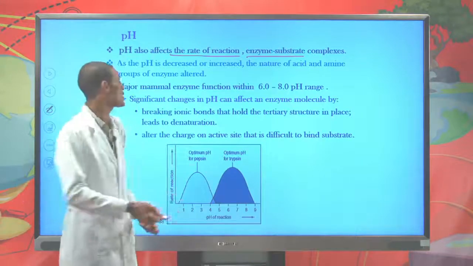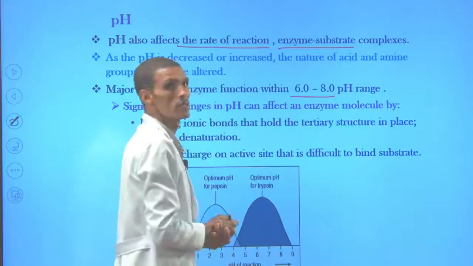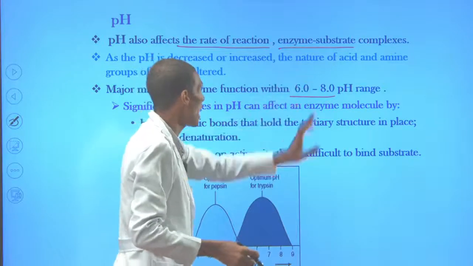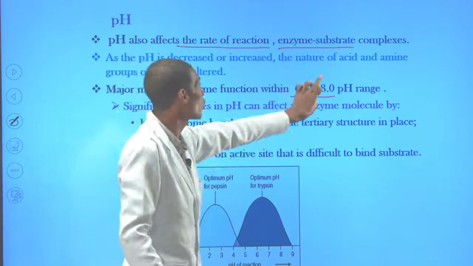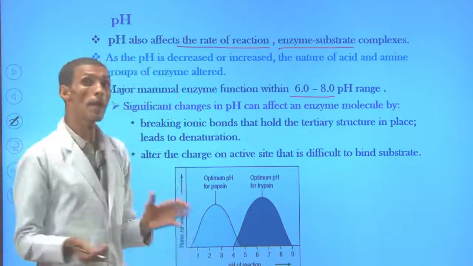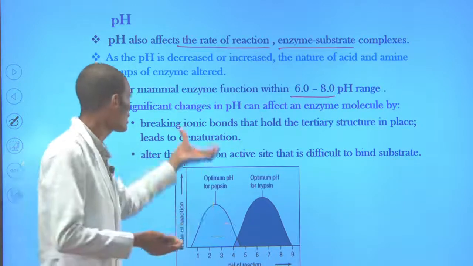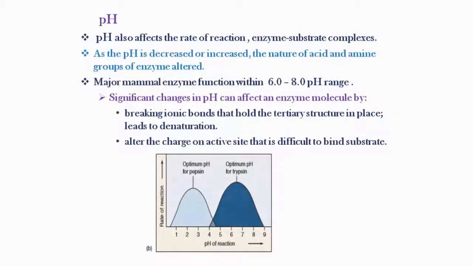Most mammalian enzymes work at neutral pH, ranging between 6 and 8. Their body enzymes work properly at this neutral pH. pH may affect the rate of the reaction in two main ways. One, by breaking the ionic bonds that hold the tertiary structure together.